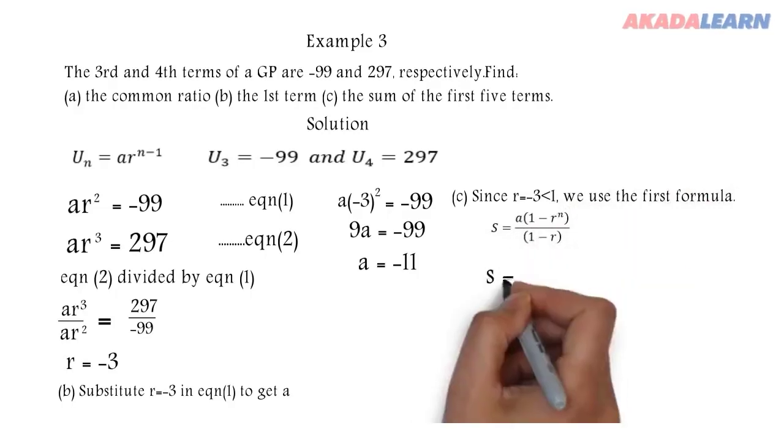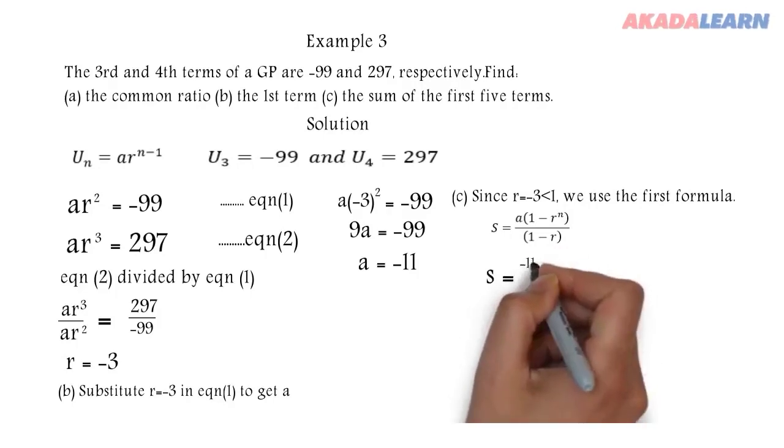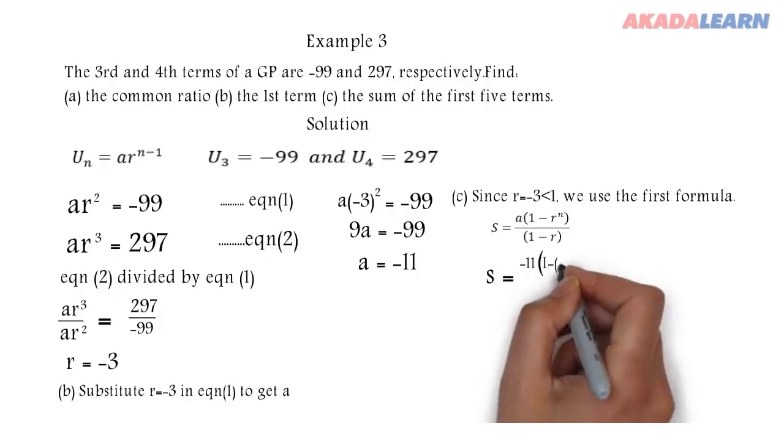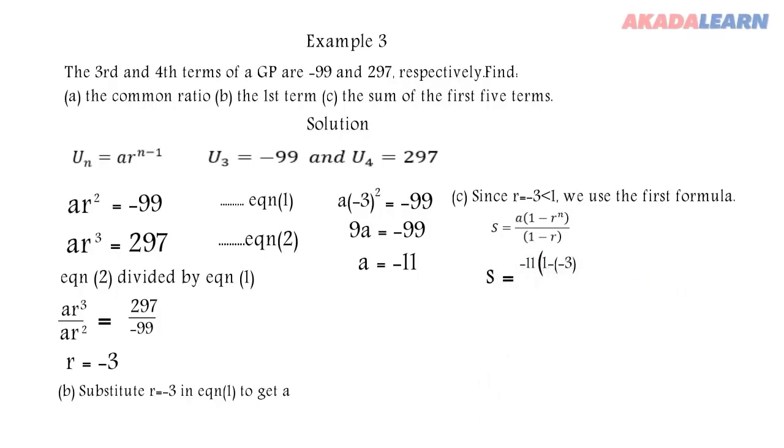So a is -11 times (1 minus (-3) raised to power n, where n is 5, since we are looking for the sum of the first 5 terms), all over 1 minus -3.